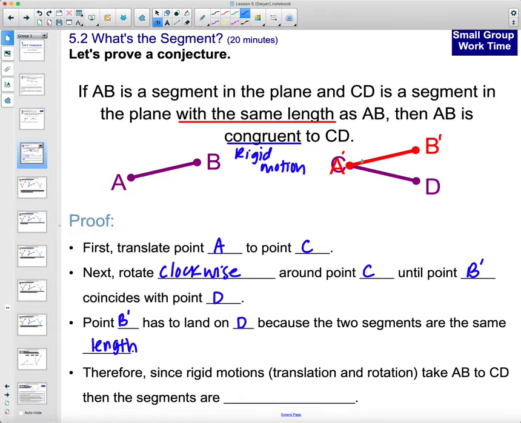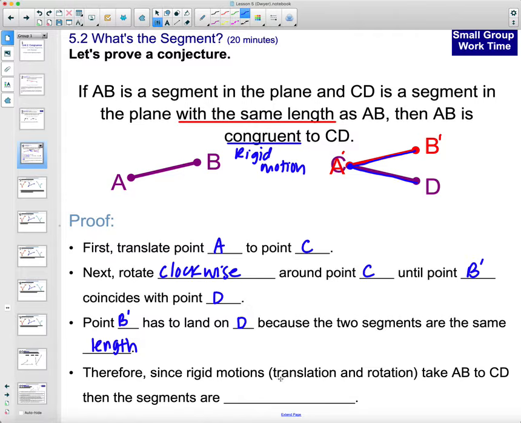B prime is the same distance from C as D is because A prime and C are on the same spot. We've already put A and C together, so we know that this length from A to B is the same length as C to D, and since A is the same point as C, now it has to land there.